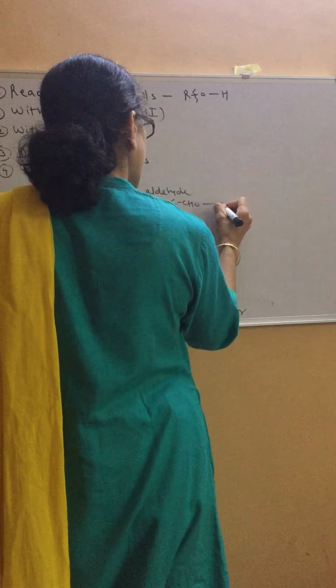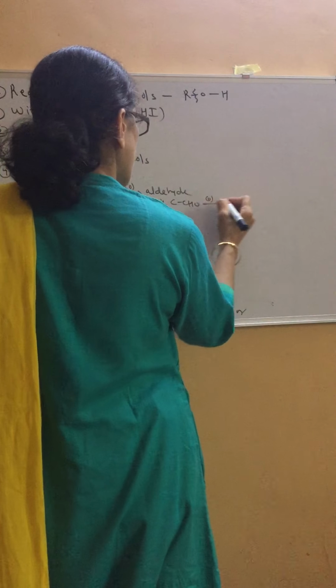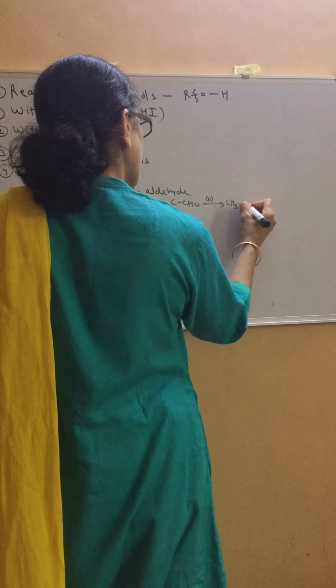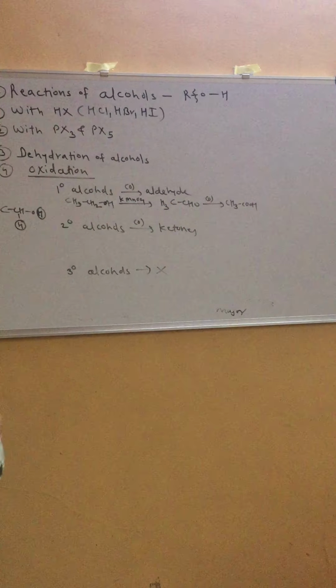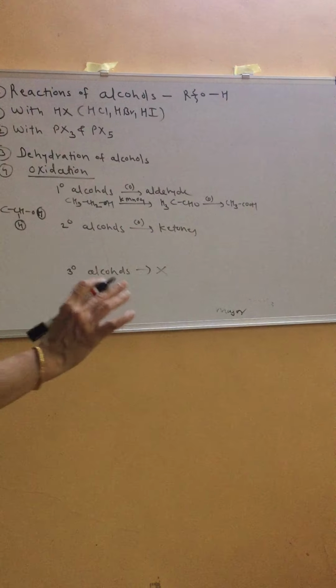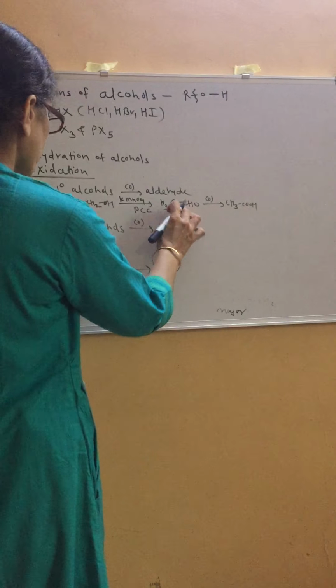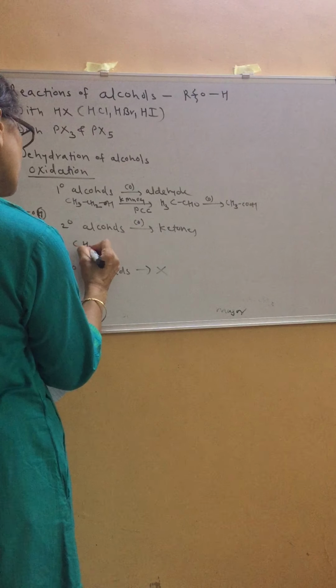But this aldehyde further undergoes oxidation and we will get carboxylic acid. To stop the reaction at the aldehydic stage, instead of KMnO4, if you use pyridinium chlorochromate, then the reaction can be stopped here.